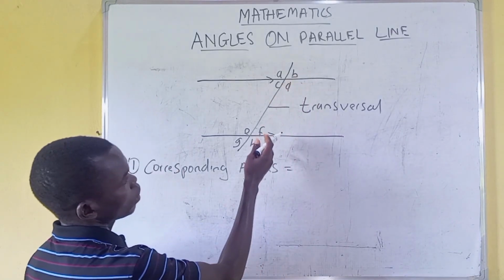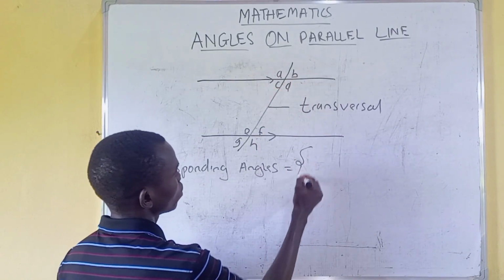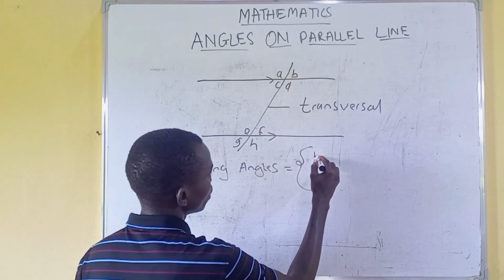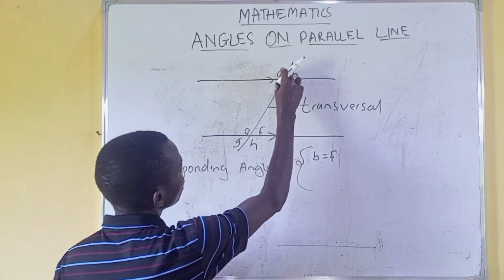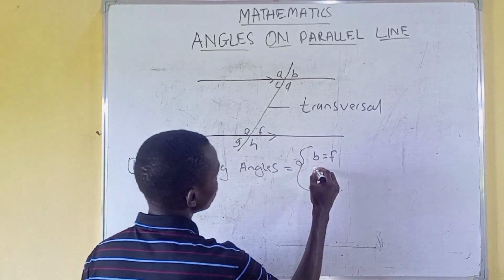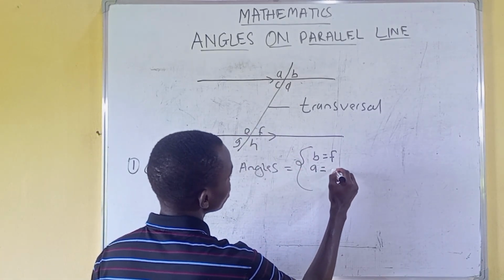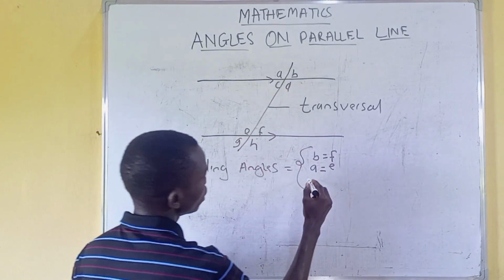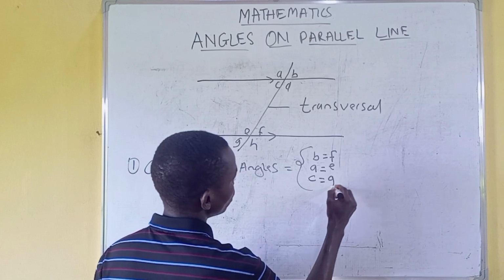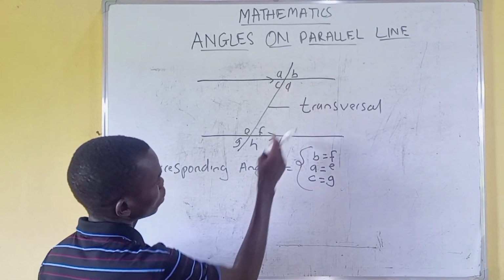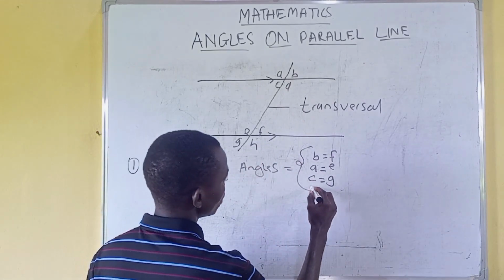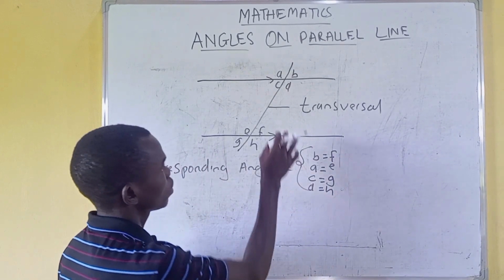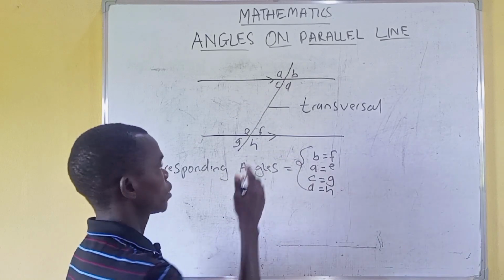From this pair of parallel lines and the transversal, we have B is in relative position to F, therefore B is equal to F. A is in relative position to E, therefore A is equal to E. While C is in relative position to G, therefore C is equal to G. And D is in relative position to H, therefore D is equal to H. These are the corresponding angles on this pair of parallel lines and transversal.